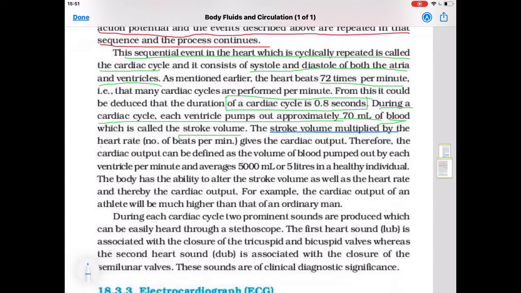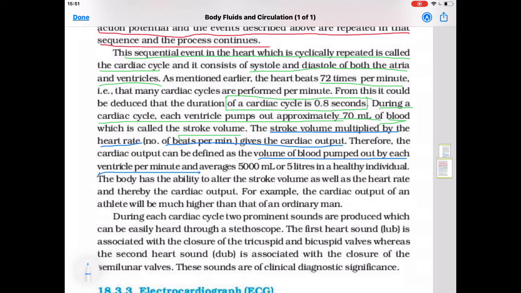Therefore, the cardiac output can be defined as the volume of blood pumped out by each ventricle per minute. So, an important definition: what is cardiac output? It can be defined as the volume of blood pumped out by each ventricle per minute, and it comes out to be 5 liters in a healthy individual.